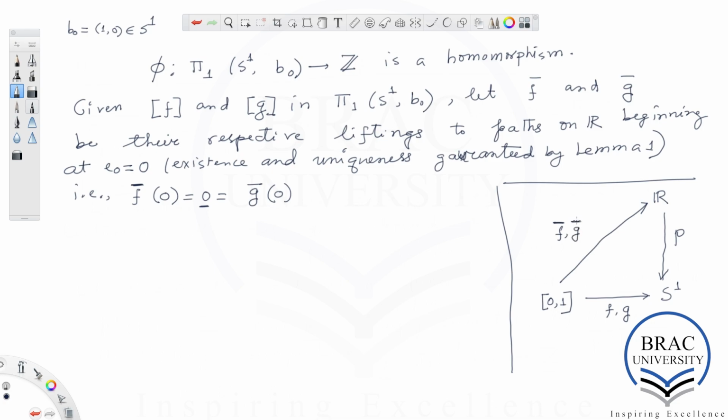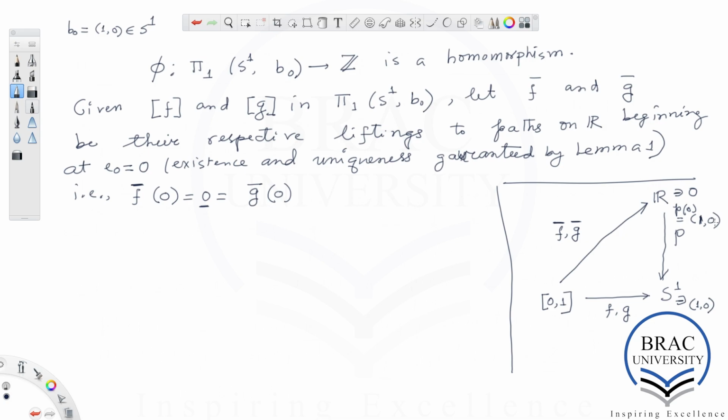And there is this point B0, and there is this point 0 in the real line, such that P of 0 is equal to B0. P of E0 is equal to B0, where our B0 is (1, 0). This is the commutative diagram.